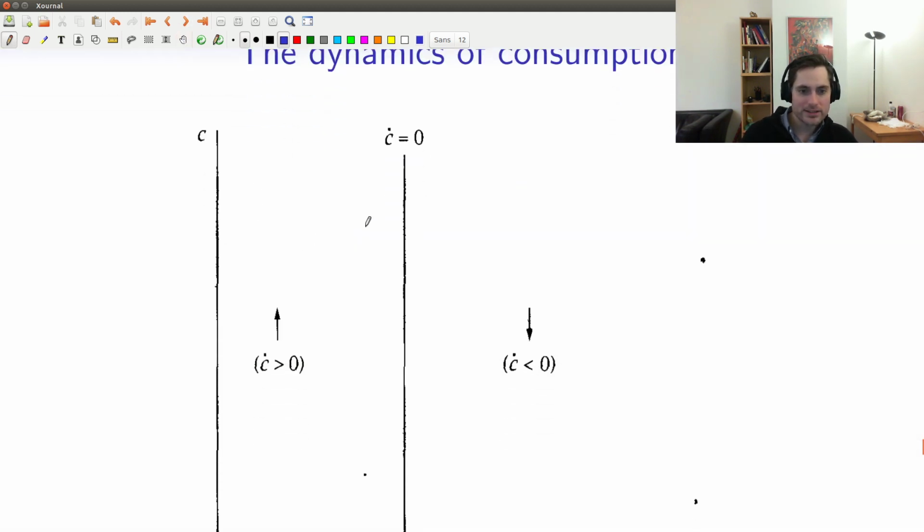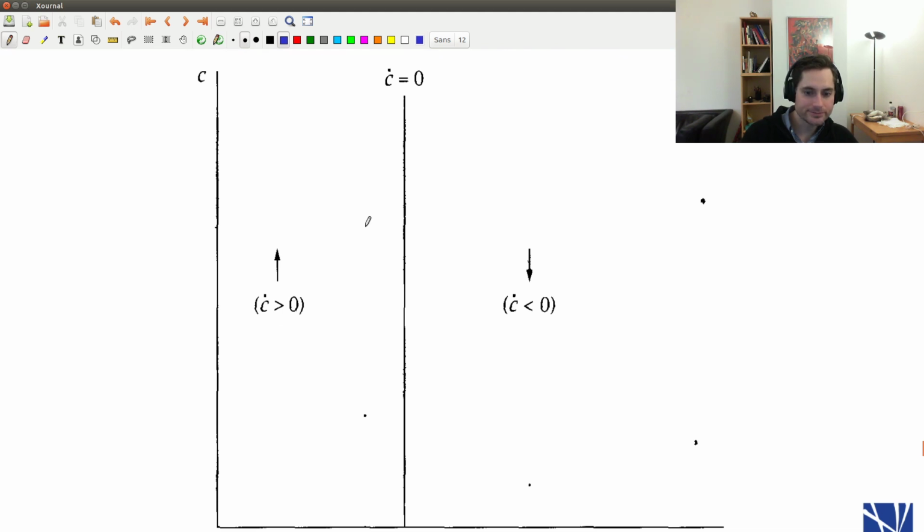So where is c dot t constant? Let's look at this graph. Down here we have little k, over here we have little c, and right here we have c dot equal to 0. So let's write this equation out so we can recall what it looks like. I'm taking off all the t's just to make things cleaner and easier to read.